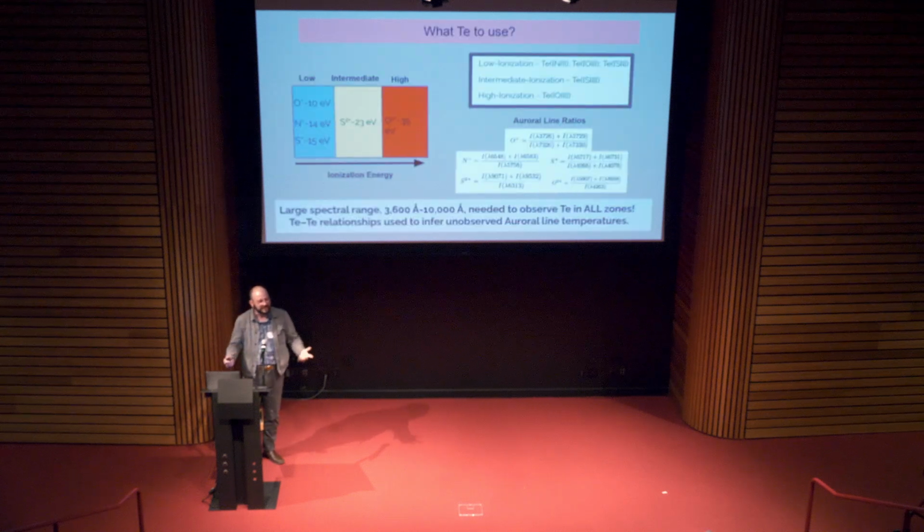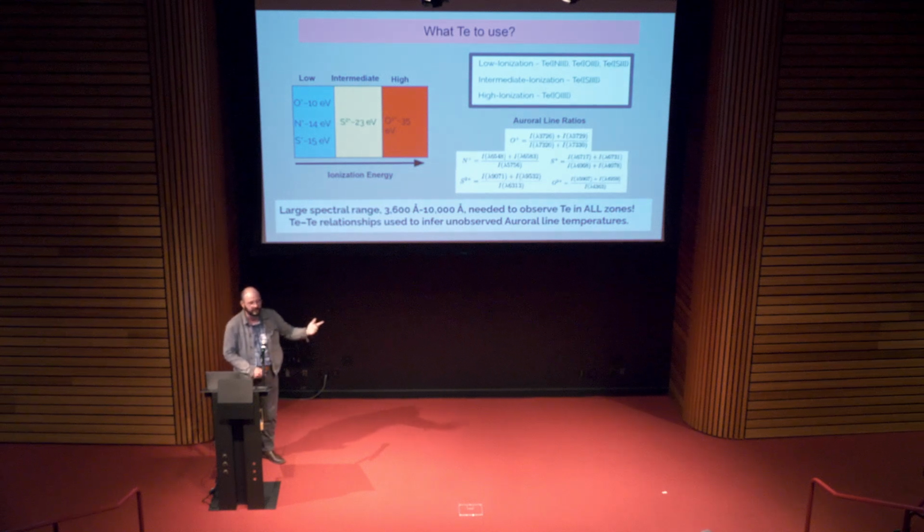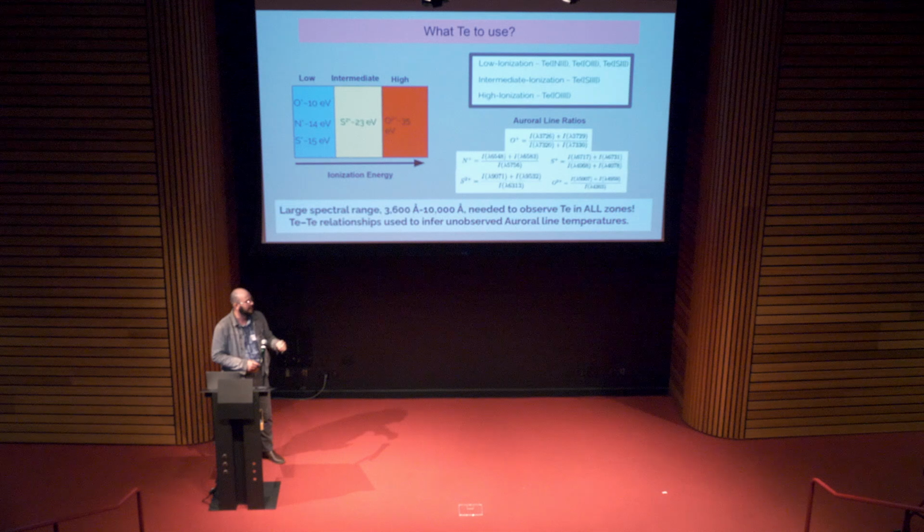But what temperature do you use? Given that the stellar radiation field hardens as you get away from the ionization source, as well as different efficiencies in cooling from different ions, the H2 region ionization structure won't be uniform. And so often we can model an H2 region as consisting of 3 separate ionization zones.